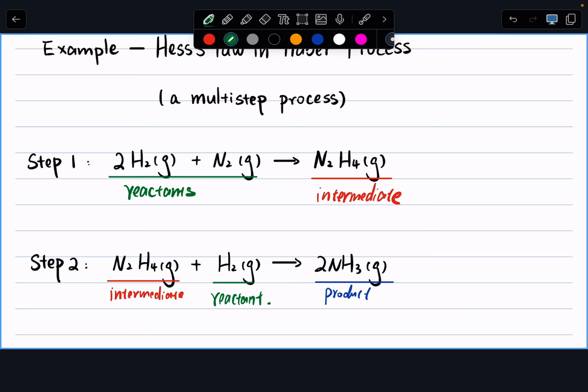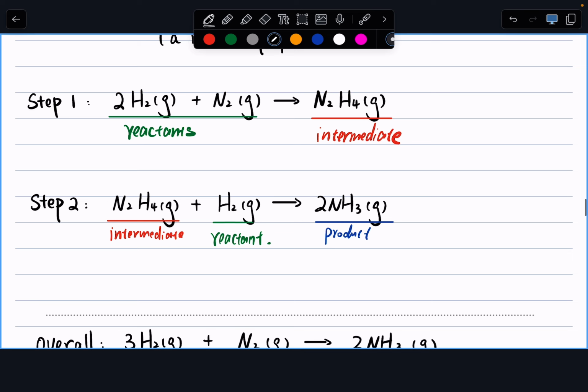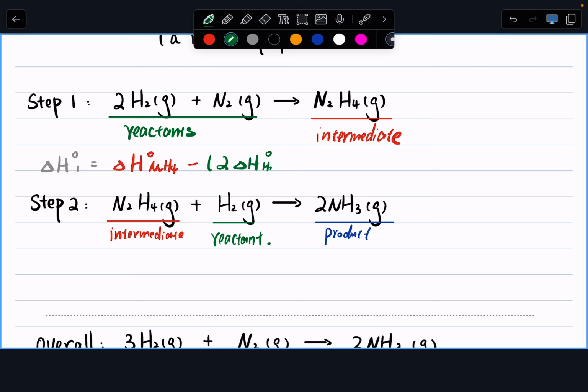So in this kind of example, we can write for the first step, delta H naught, or the standard enthalpy of reaction for my first reaction, equals the product minus reactant. So delta H naught N2H4 minus your reactant, which is 2 delta H naught H2 plus delta H naught N2.